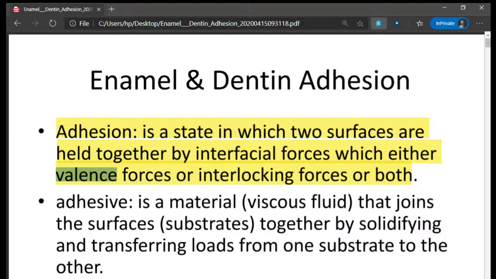Let's see what valence force means. We will discuss what valence force means in the next slides, but the interlocking force is mostly a mechanical force.